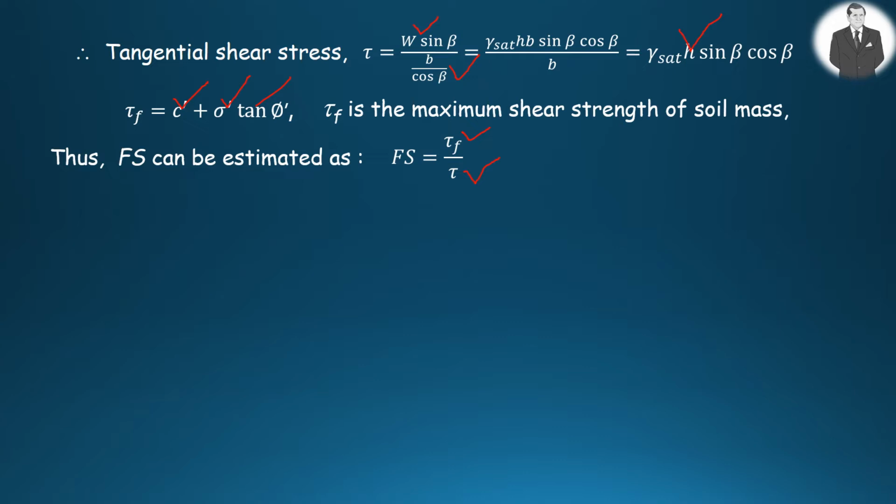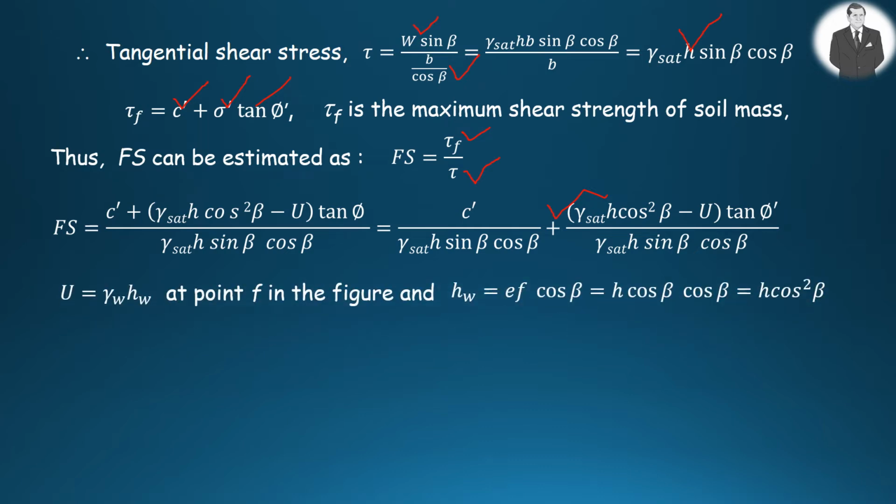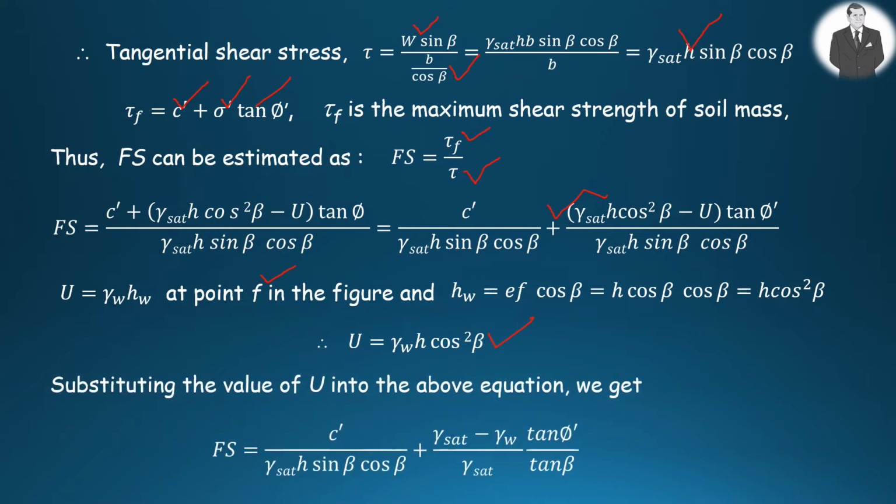Now, if we include all the definitions made earlier into this equation, we can formulate factor of safety in the form given here, where U is the pore water pressure at point F shown in the figure earlier. If we rearrange pore water pressure and put it into the above equation, we formulate the factor of safety in the form presented here.